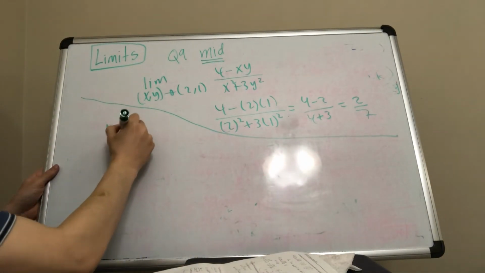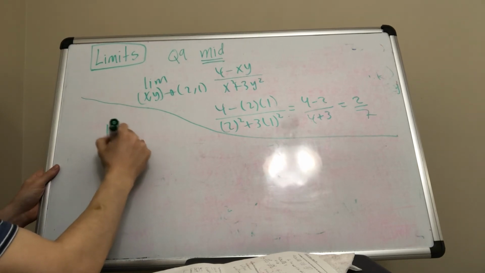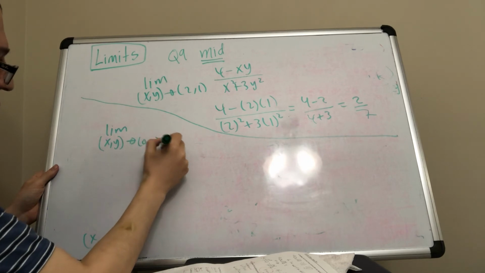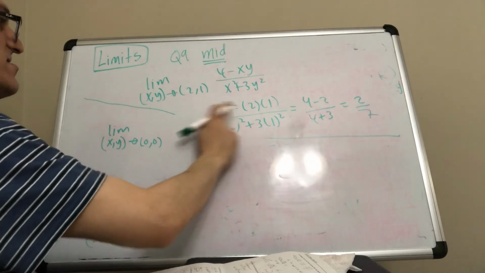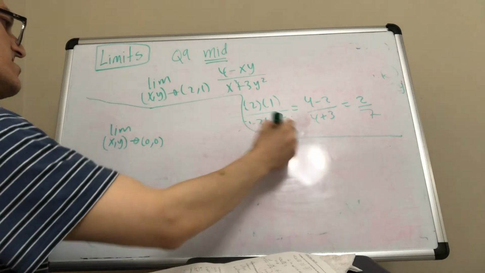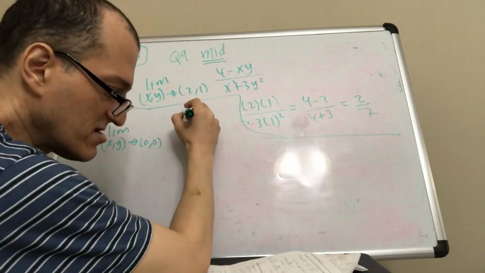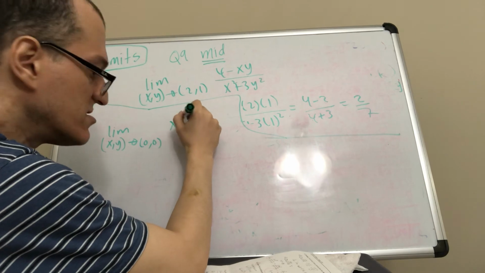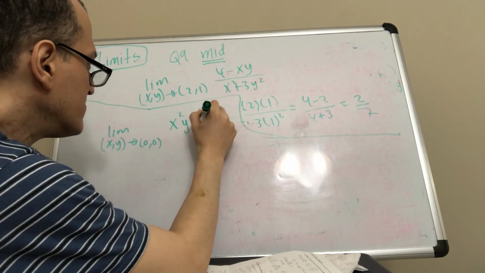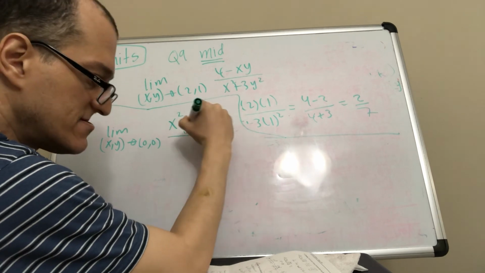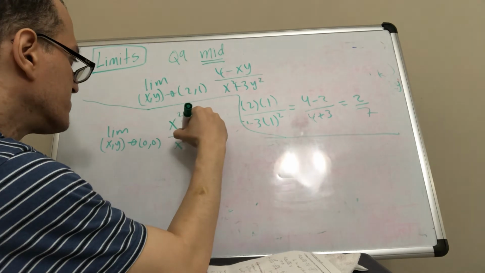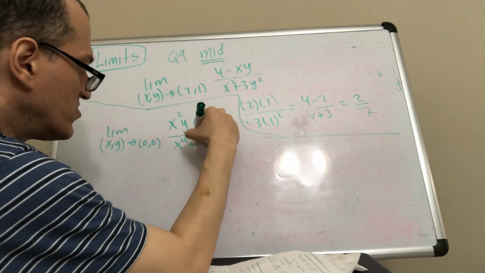Limit xy going to 0, 0, and it's x squared y e to the y over x to the 4 plus 4y squared.